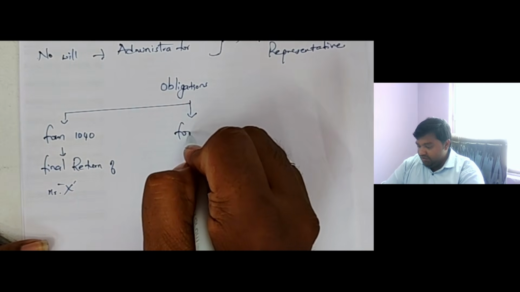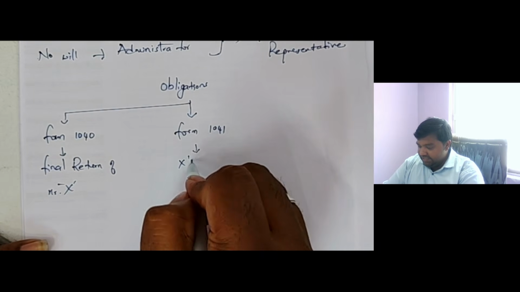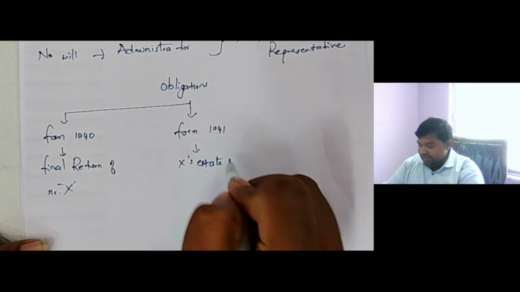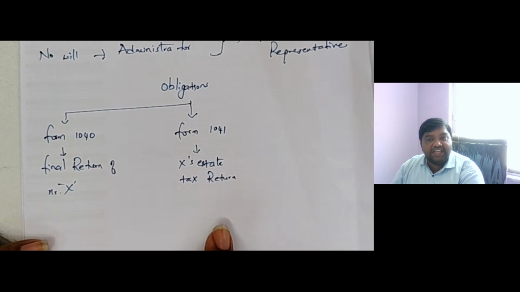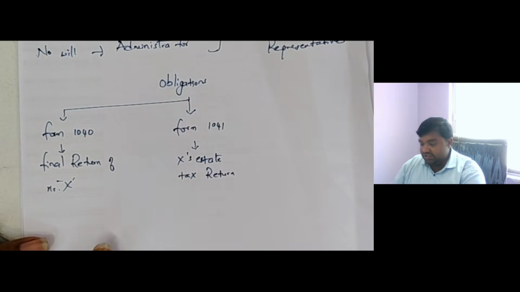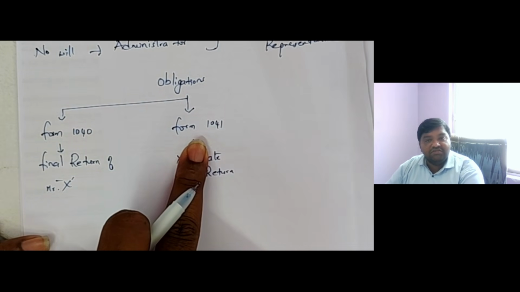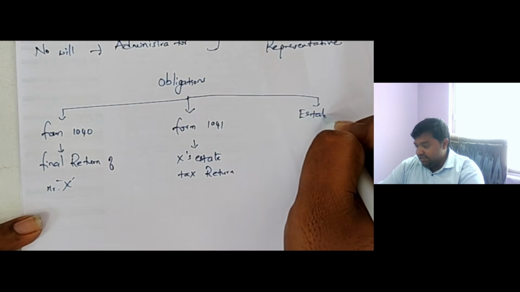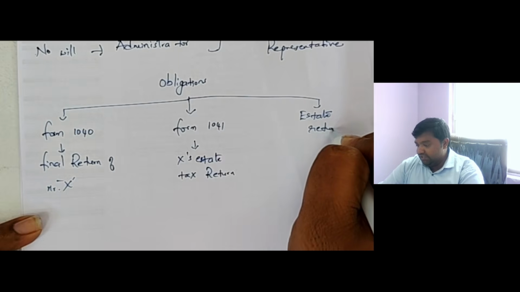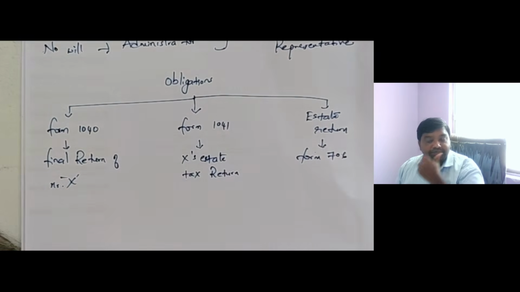Second is form 1041, which is X estate tax return. I told you, estate is a separate legal entity created upon death, so even the estate has to file its own return. That we call form 1041. And the last one is estate return, which is form 706.